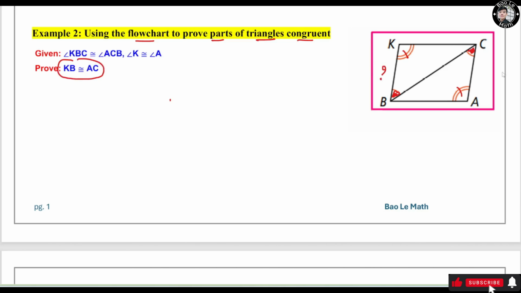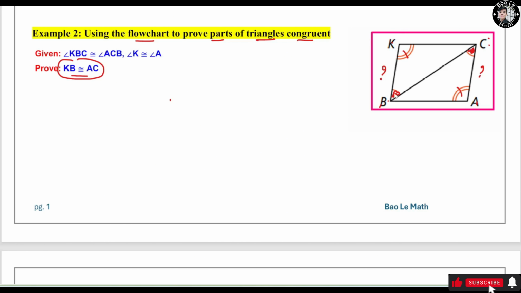In order to prove these two sides congruent, you need to prove that the two triangles containing them are congruent, then use CPCTC. So we consider triangle KBC and triangle ACB.